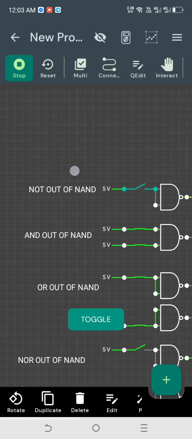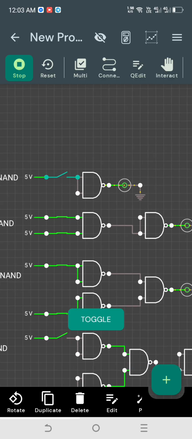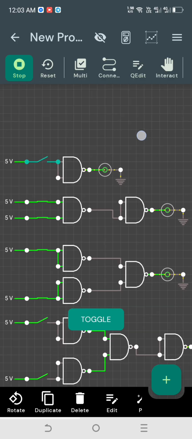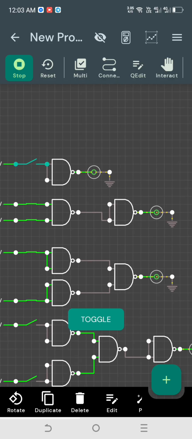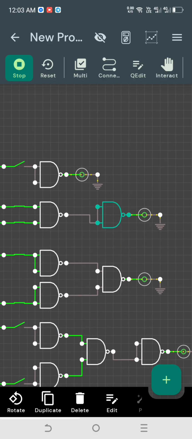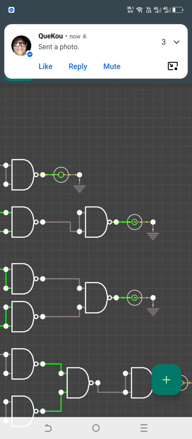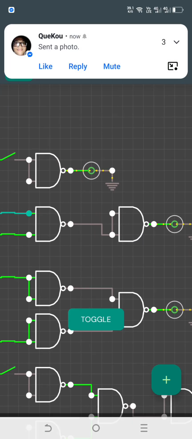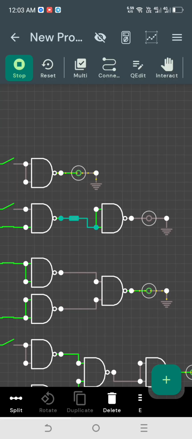Next is AND out of NAND. When both inputs are 1, the output will be 0. When both inputs are 0, the output will be 1. This is for the NAND truth table. Now if I turn this off, on, off, then this will run.